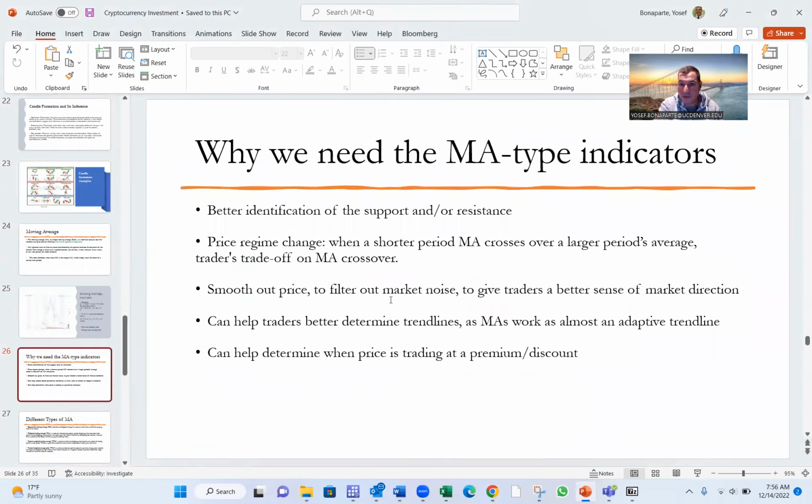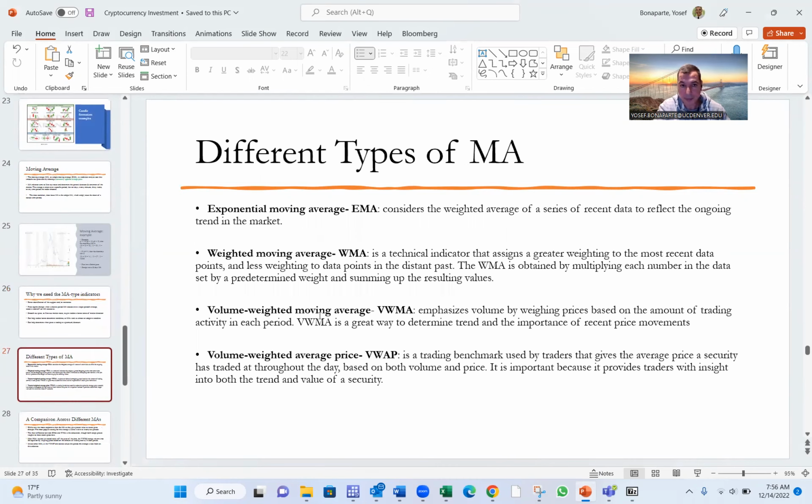Okay, so why do we need moving average? It's a good indicator, and as we explained, it extracts the noise. It helps you make a short-term strategy, like a 50-day moving average versus a 200-day moving average, which can give you some ideas about the trend of the investment, where it should go, buy or not to buy. And there are different types of moving average. There's the exponential moving average, where you give more weight to the last days.